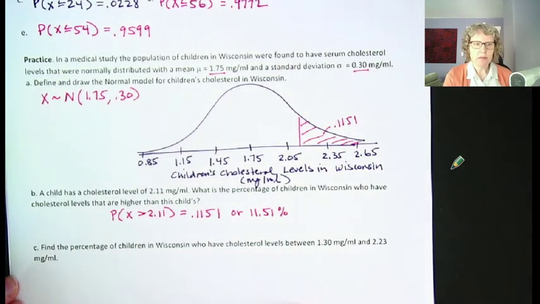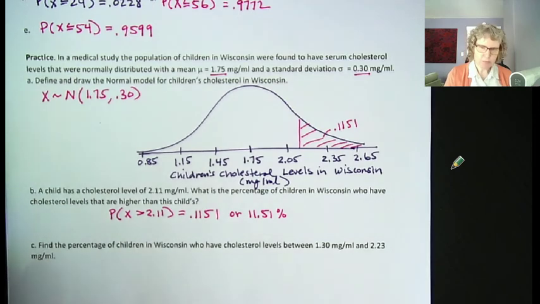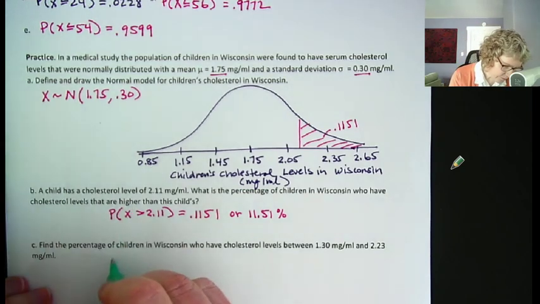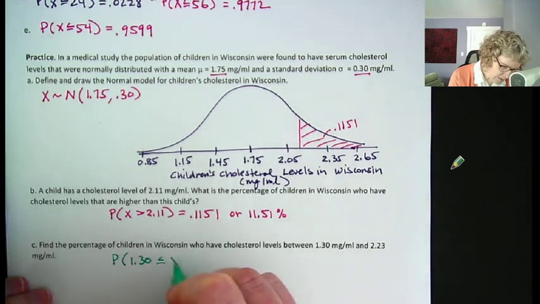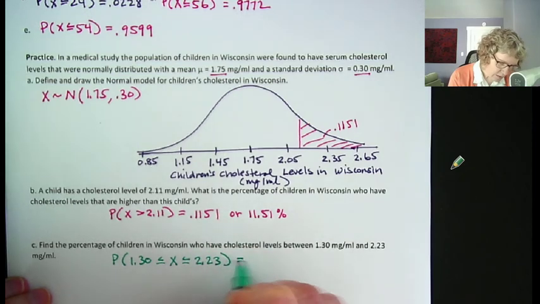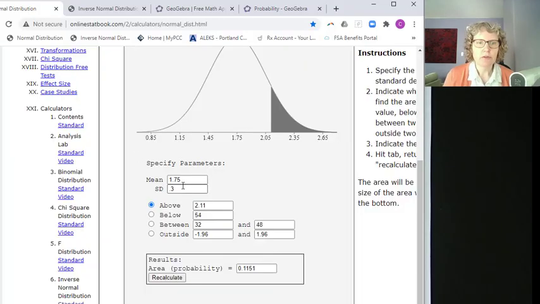Let's do another one. Find the percentage of children in Wisconsin who have cholesterol levels between 1.3 and 2.23 milligrams per milliliter. So this is between 1.30 is less than or equal to X, less than or equal to 2.23. Back over to OnlineStatbook.